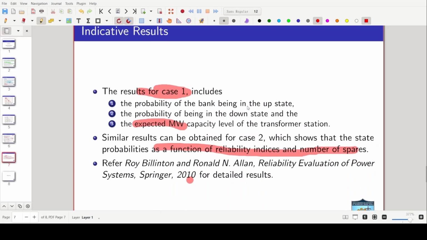Okay, so again I will summarize. Starting with the plant and station availability, where we considered the boiler and the generator set, the generating set availability. Then we moved to including transformers, where the transformer was either up or down.